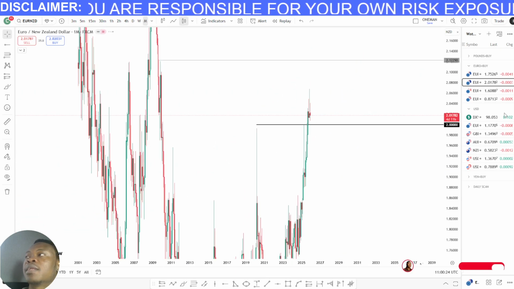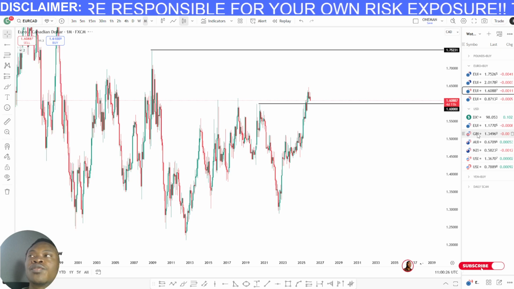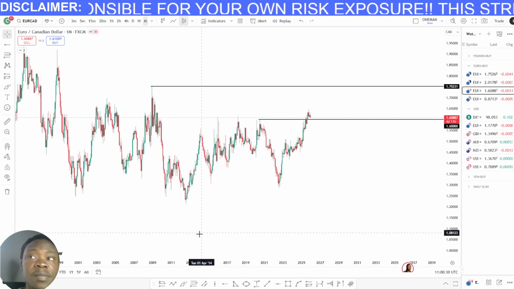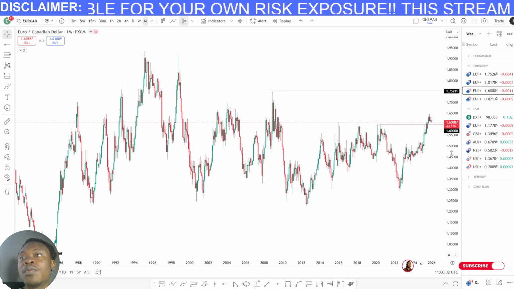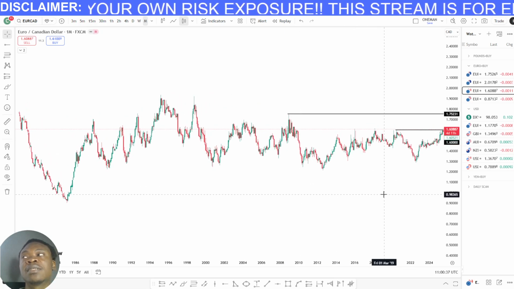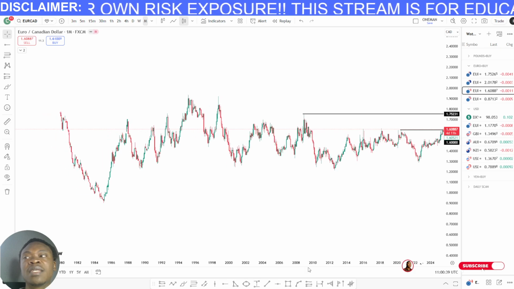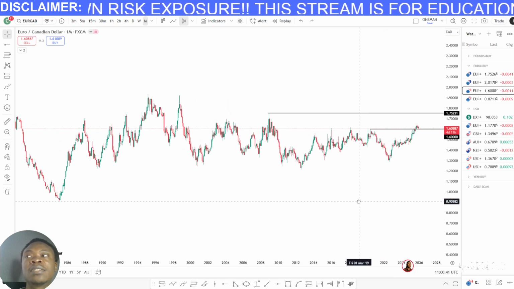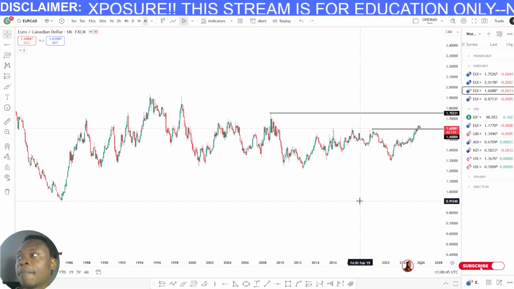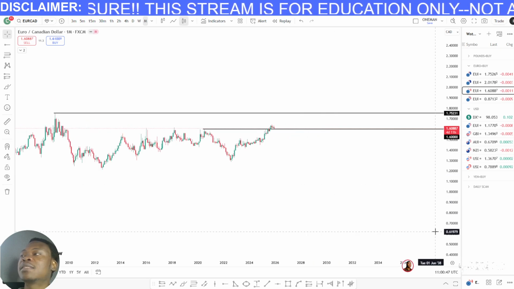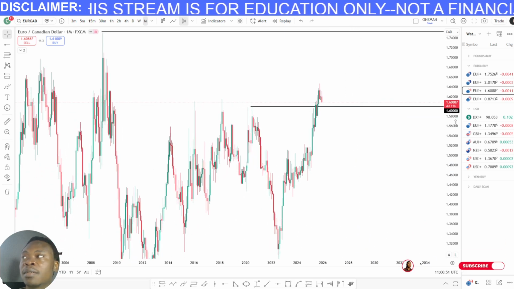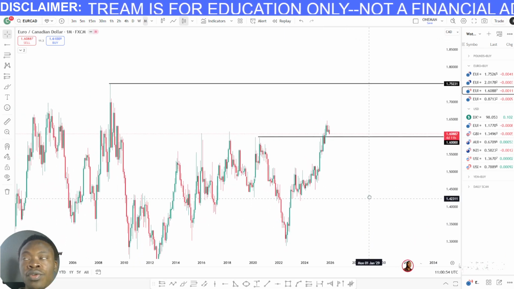Now let's quickly move to the next pair, which is EURCAD. Now on the EURCAD, the same situation, because what we are doing is we are looking at the euro crosses, right? And institutions are buying the euro, which means that on all euro crosses, we are going to be looking for just buy, as I said earlier. So now, what is this year's or this 2026 support level on EURCAD?